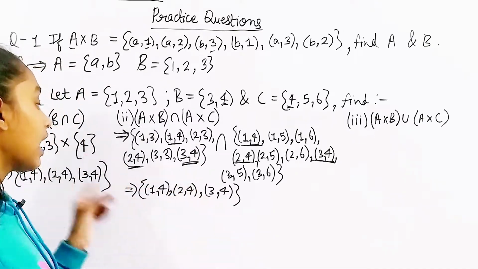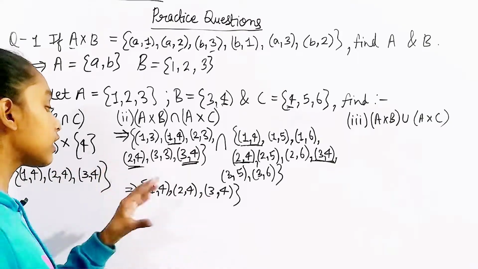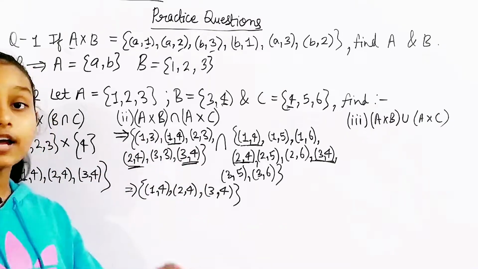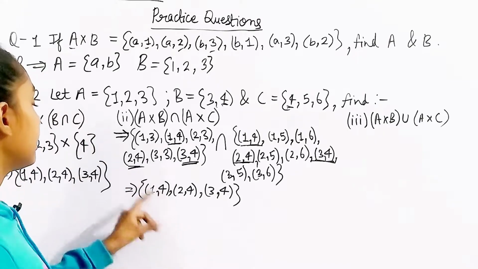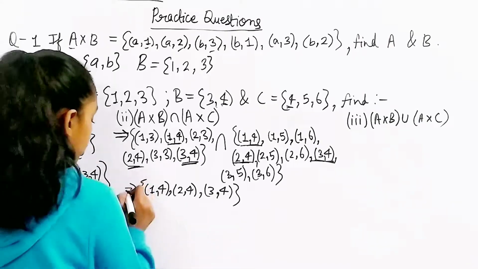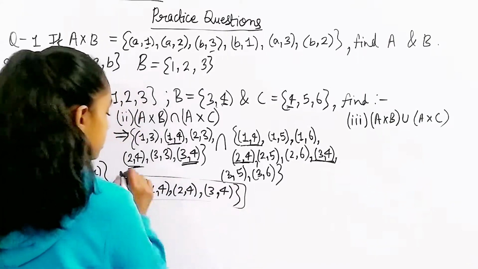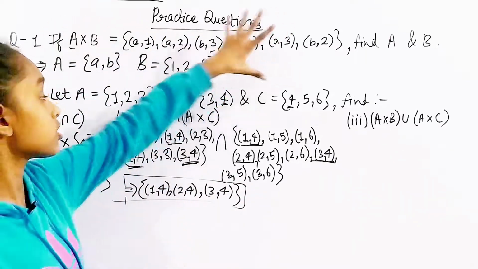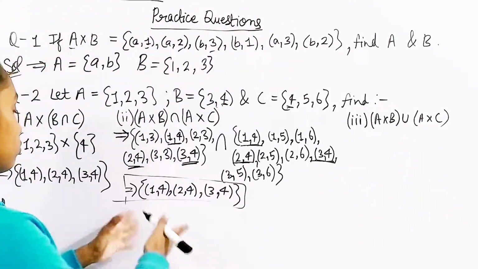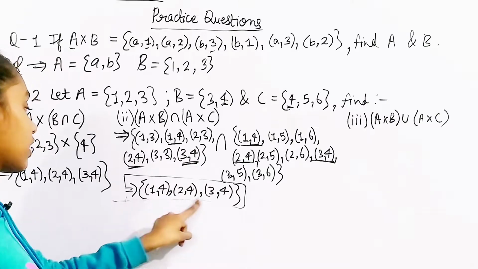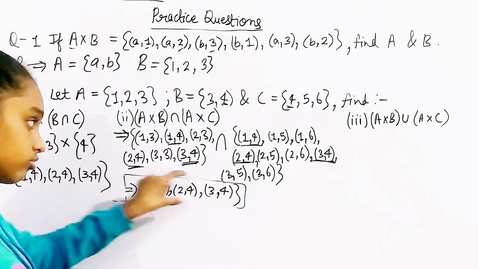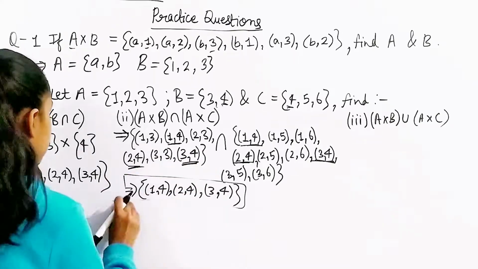So what's common? What if we have to find set A and set B according to this pair given right here?